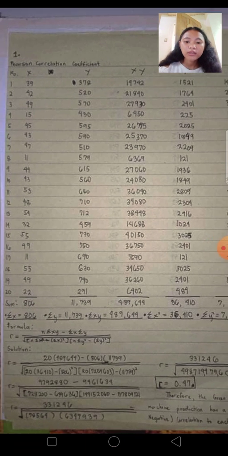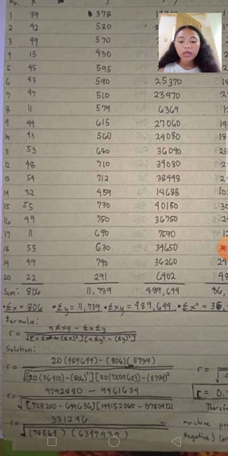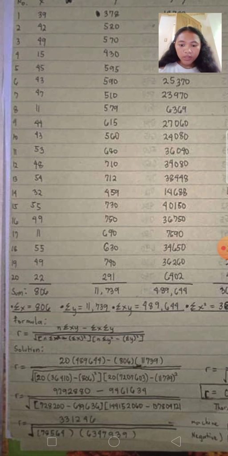So, after that, isolve na nato para makuha na ang value ni R. Nahimo na siyang 9,792,880 minus 9,461,634.